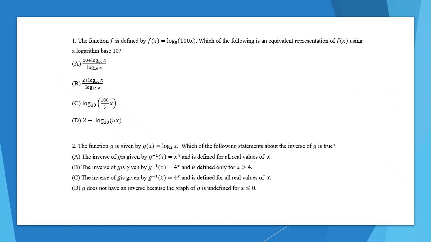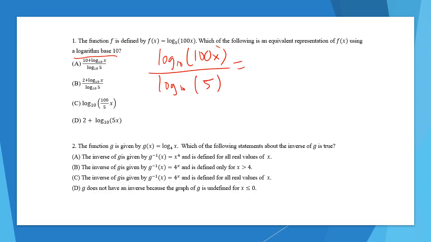All right, question number 1. The function f is defined by log base 5 of 100x. We want to see what is the equivalent representation using a log base 10. This is going to be a change of base. So here, using the change of base formula, we should get log base 10 of 100x over log base 10 of 5.